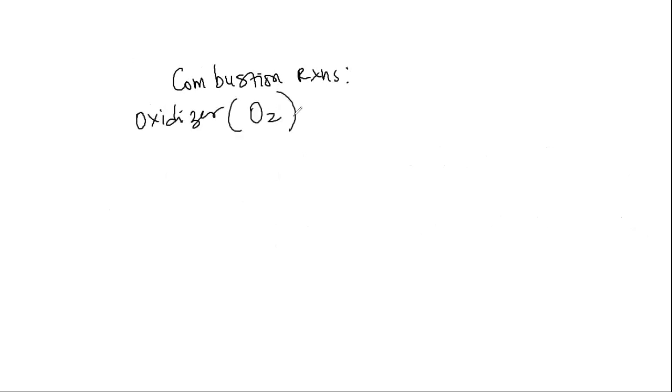Usually, guys, oxygen is one of the reactants. And then the products to watch for are heat evolving and light. You're going to see one of the products will be accompanied by both heat and light.